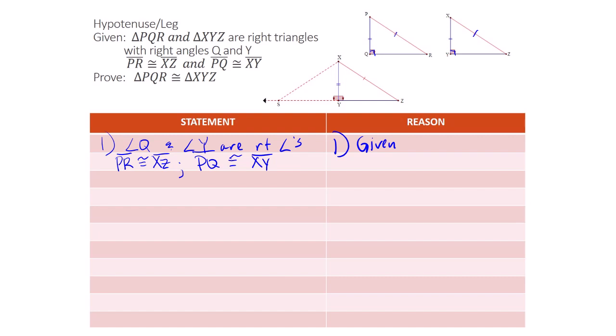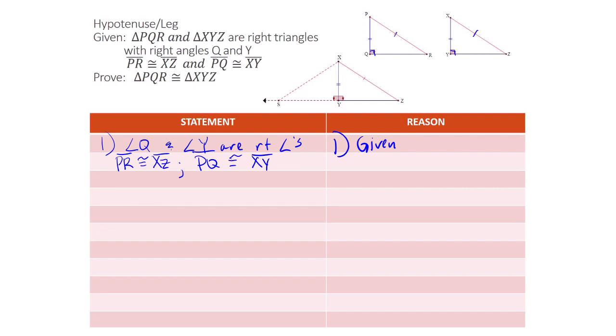All right, so there are a few ways we can go about this proof. If we incorporate the Pythagorean theorem, that might be helpful. But since we haven't really learned that yet, we're going to take a different approach. So what we're going to do is start with triangle XYZ, and we're going to make a couple auxiliary lines.